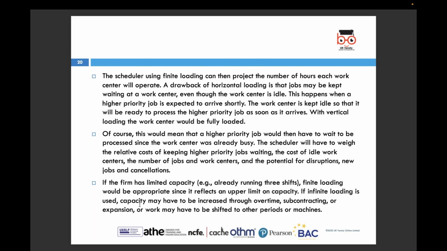If a work center is expected to reach its maximum capacity, it means the finite loading accurately reflects the upper limit of that particular work center's capacity. This approach is suitable for firms that have limited capacity, such as those already running at maximum efficiency, perhaps with three or more shifts approaching.